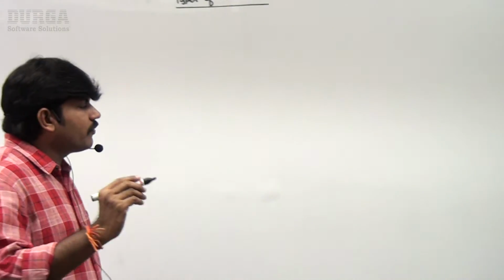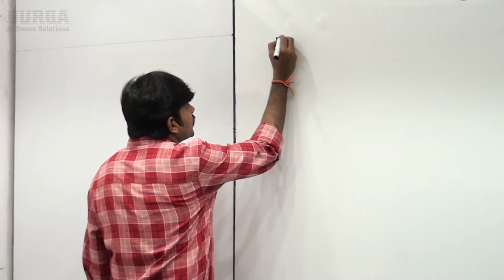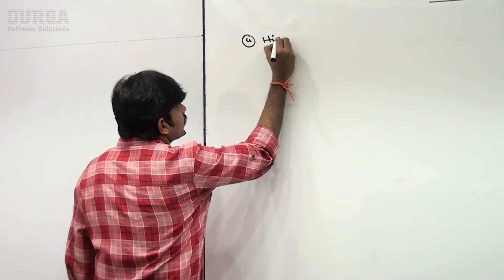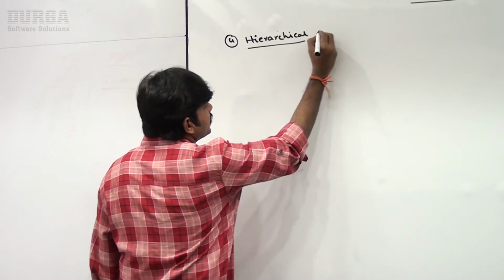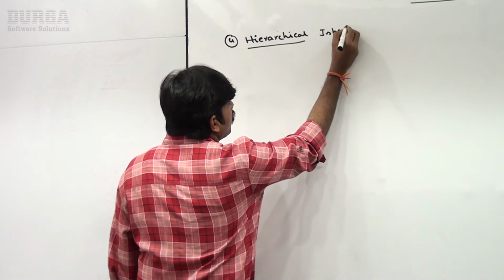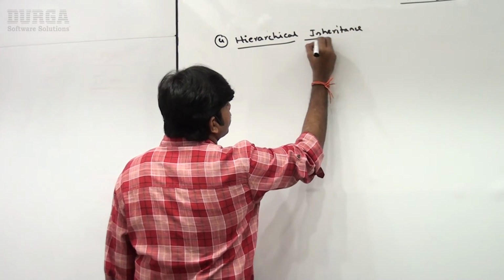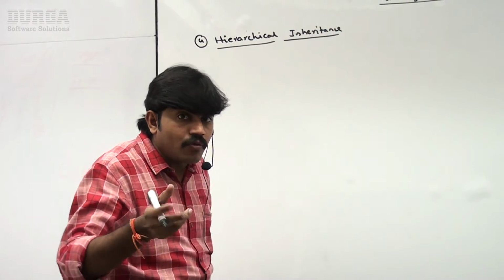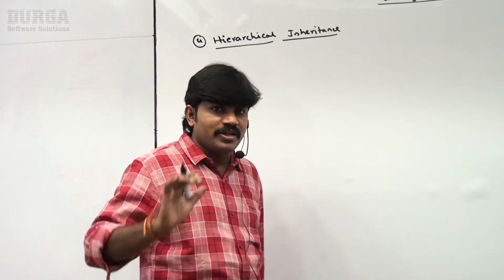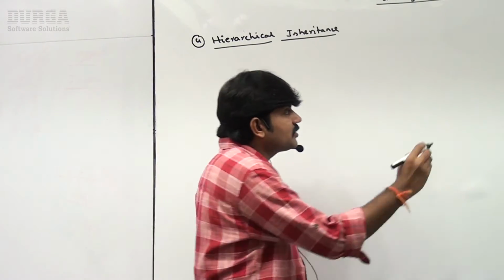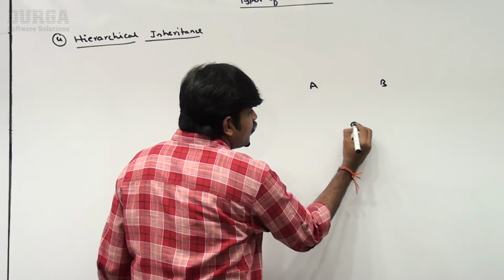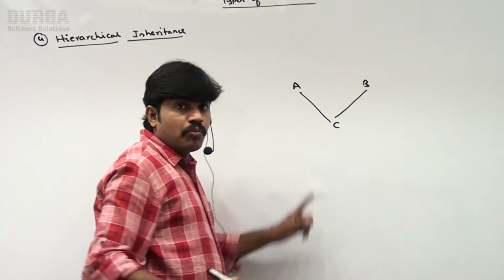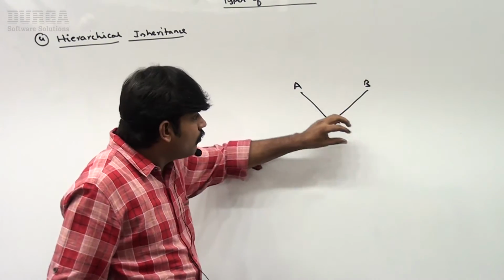Now the fourth one we have is hierarchical inheritance. What does it mean? It is a counterpart of multiple inheritance. In the case of multiple inheritance, multiple parent classes A and B are available with one child.